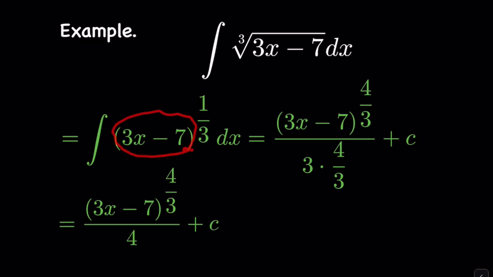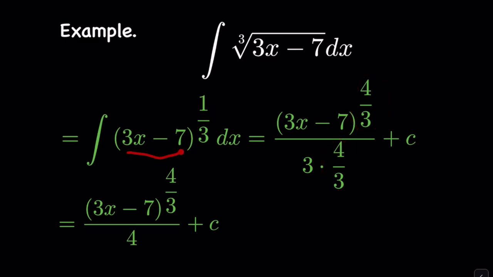Using the power rule, it's going to be u to the power 1/3 plus 1. And notice that 1/3 plus 1 is 4 over 3. So the integral of u to the power 1/3 is u to the power 4 over 3 divided by 4 over 3.